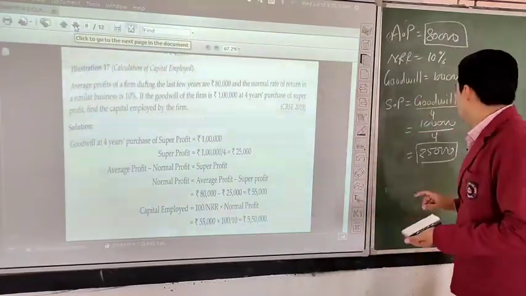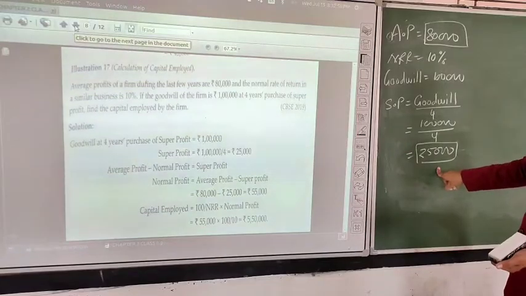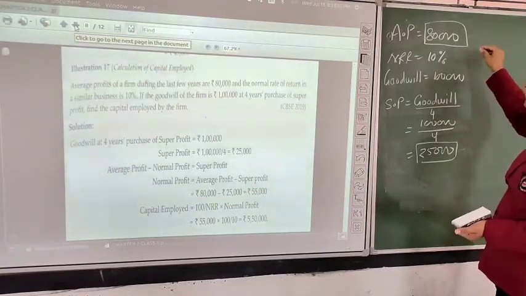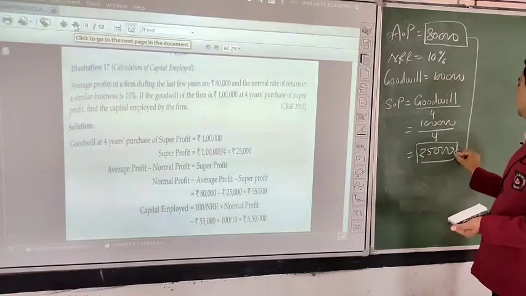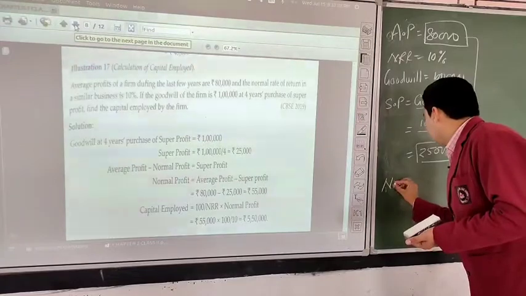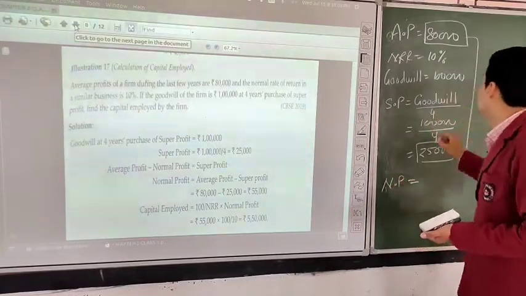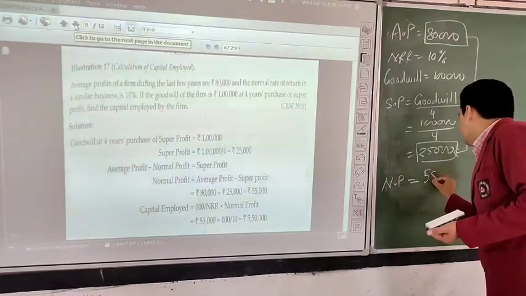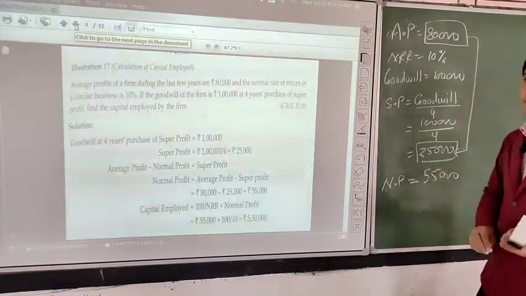Okay, so super profit is given, already we had calculated 25,000, and average profit is given, 80,000. Now we will deduct both of them so that we can get our normal profit. Normal profit is equal to 80,000 minus 25,000, which is 55,000.